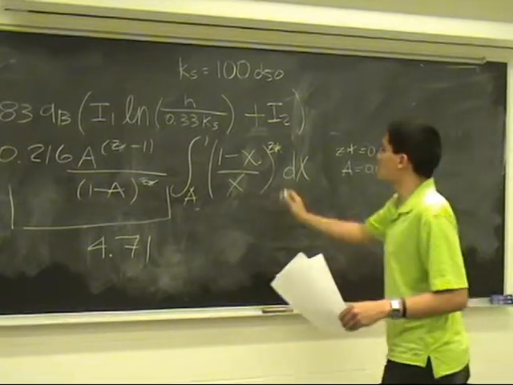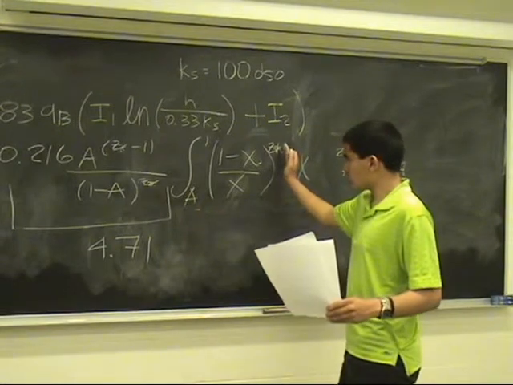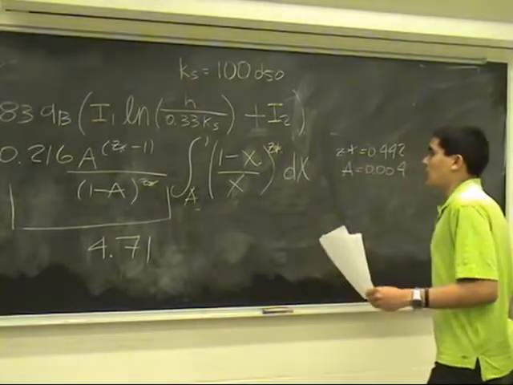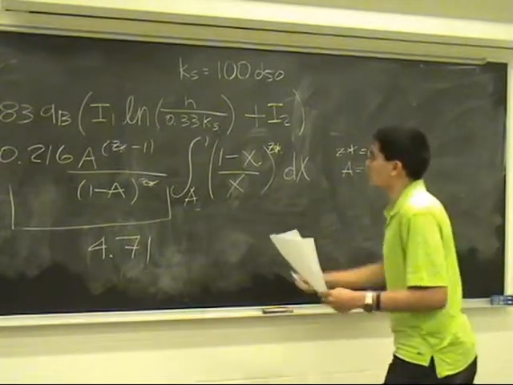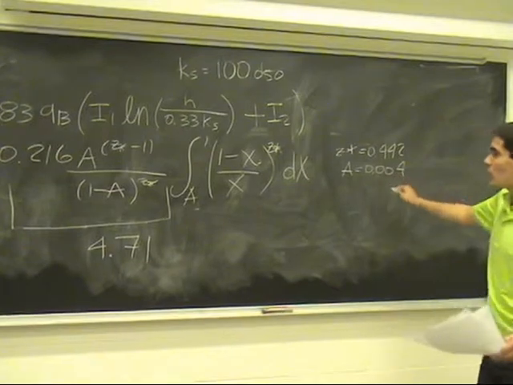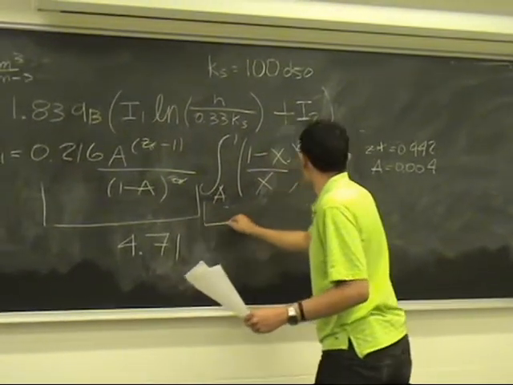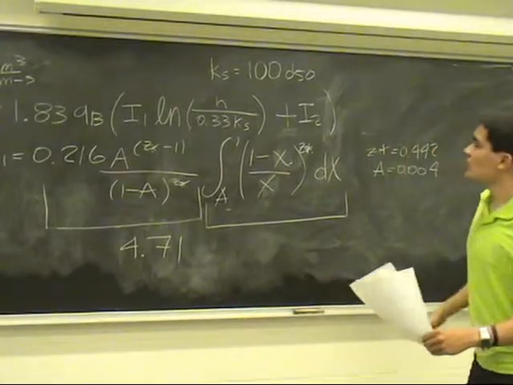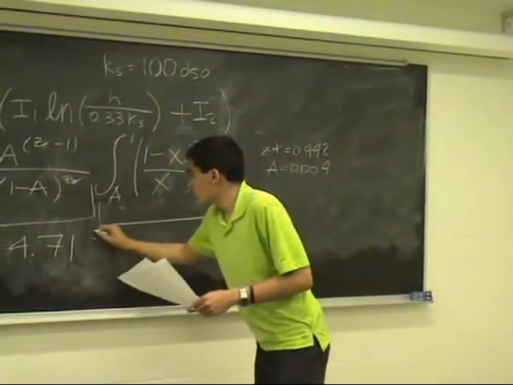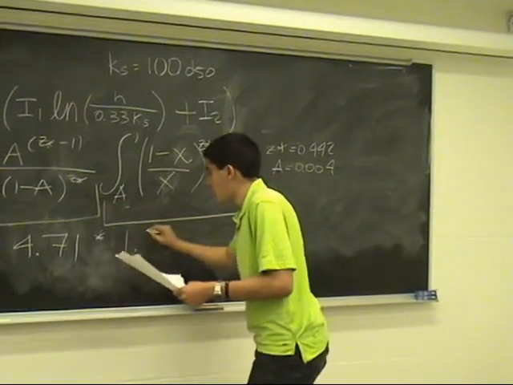So you go ahead and plot this equation to the power of Z star, and then you use the integrate option. The lower boundary is A, 0.004. The upper boundary is 1. So if you do this integration in your TI calculator correctly, you should get this times this, you get 1.32.